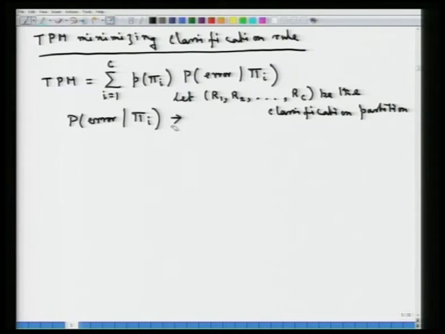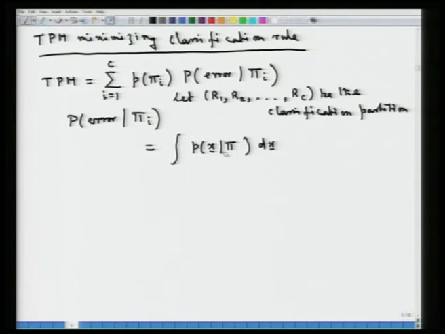So, we can write this probability of error given an observation is coming from pi i. That has a density which we had denoted earlier, p of x given pi j. This is the density when we are looking at an observation coming from pi j. Now, we are putting it into some set other than the ith set.